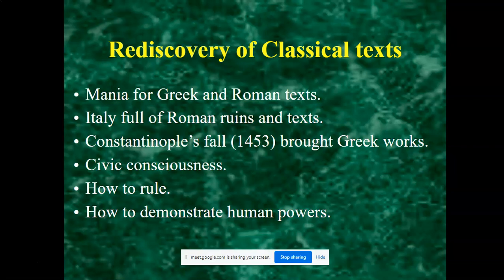And the reason that these classical texts had been untouched is because they told the people how to live in a town and how to be famous and how to be talented and how to be a Roman or a Greek and live like the Romans and the Greeks did. And that's not what people were into in the medieval period. They were into God and getting into heaven. So they're looking for Roman texts, and then eventually they're looking for Greek texts.